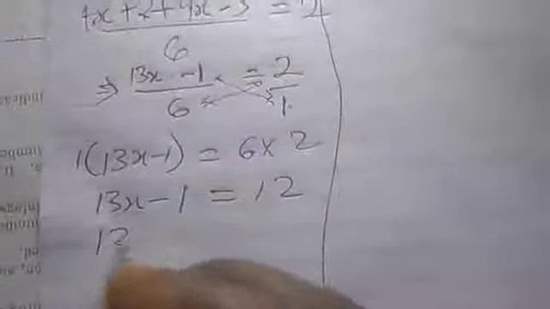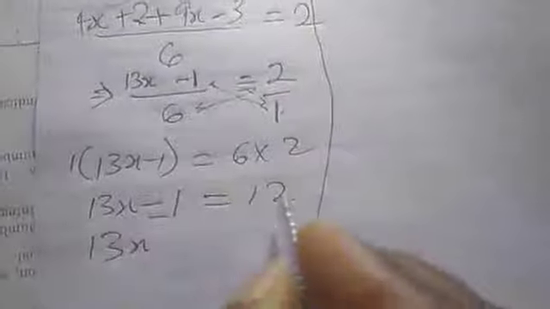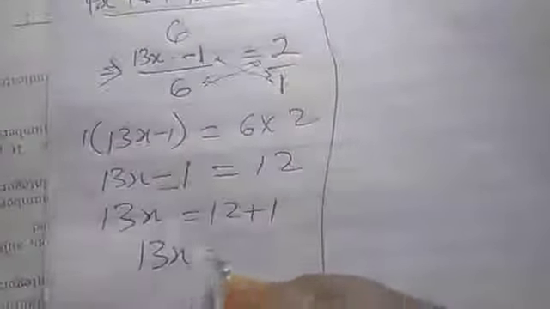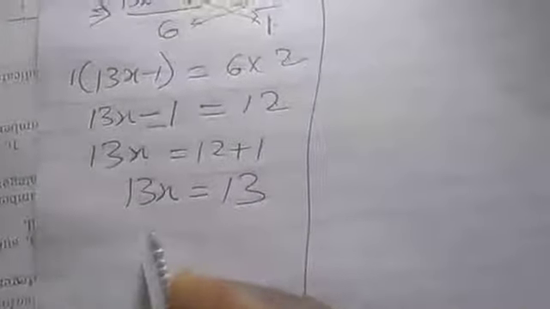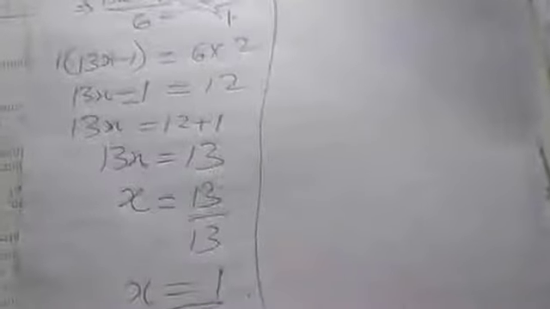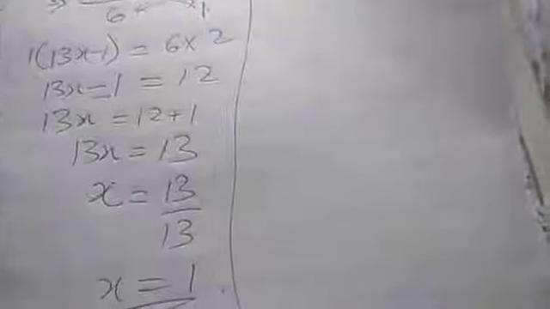We collect the like terms. I'll take this to the other side, that is 12 plus 1. 12 plus 1 will give me 13. Then from this place it is now easy. s is 13 over 13. Then s is equal to 1. That's our answer. So let's consider another one for better understanding.